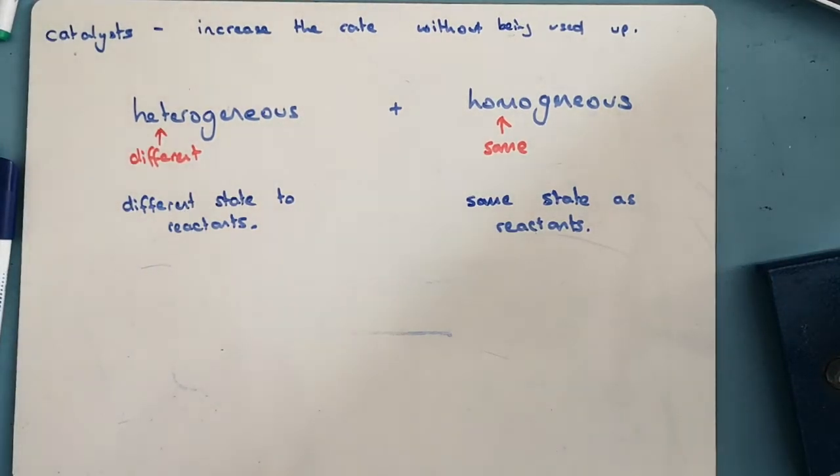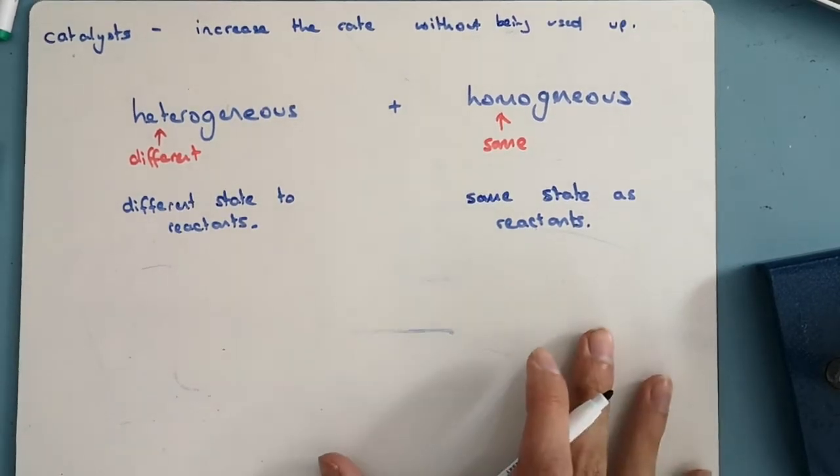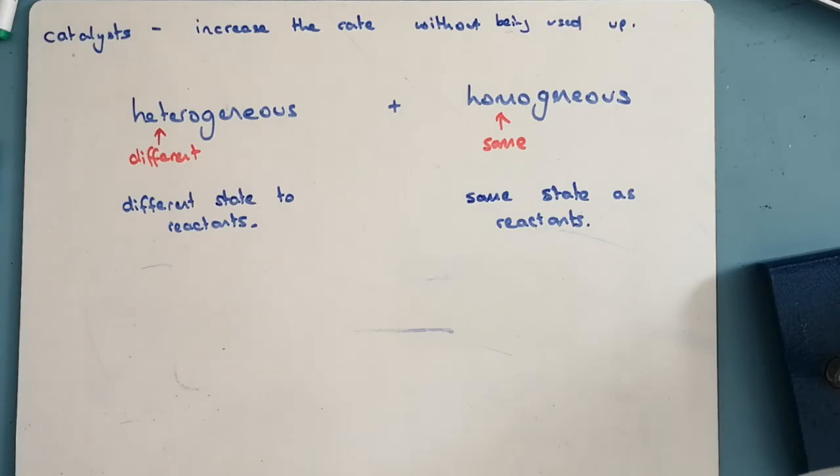Catalysts are really, really important, because if you've got a reaction that you're doing 365 days a year, producing vast amounts, and you have to put energy in order to get this reaction to occur, if you can find a way to do the reaction that reduces the amount of energy required, that's going to save you lots and lots of money.